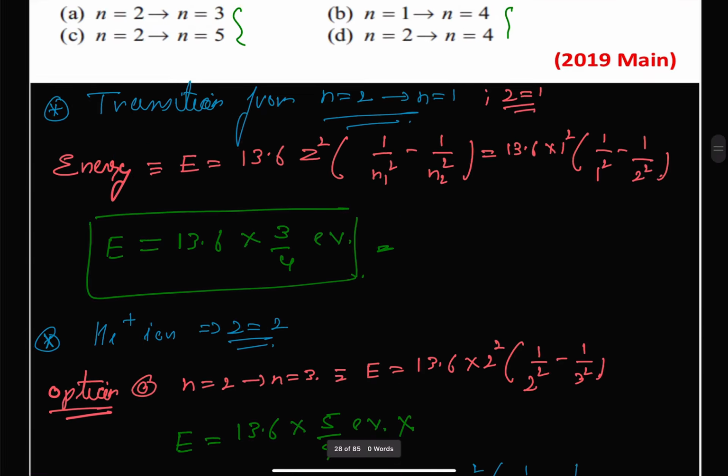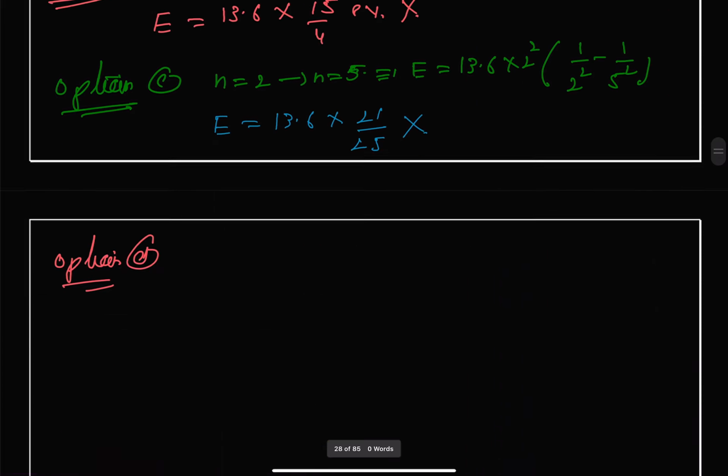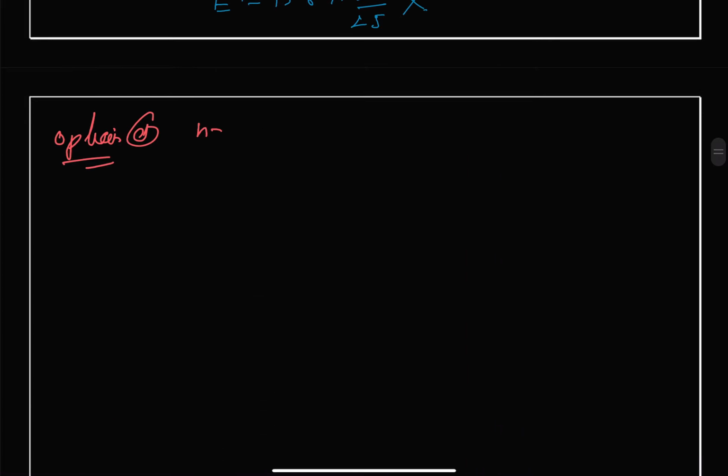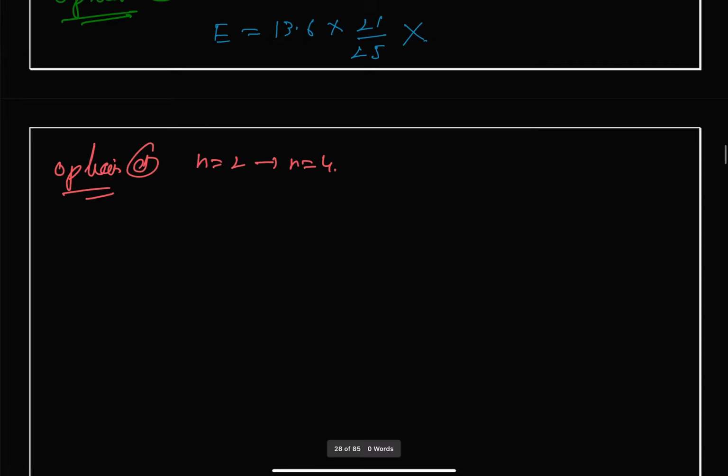Option D gives us 2 to 4. Initial value of n is equal to 2 and final value of n is equal to 4. So based on this, we can say our energy is equal to 13.6 into 2 square, times 1 upon 2 square minus 1 upon 4 square.